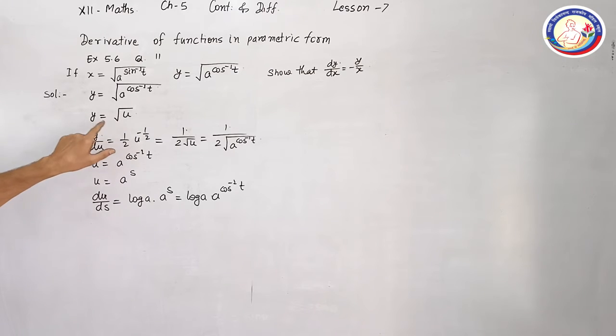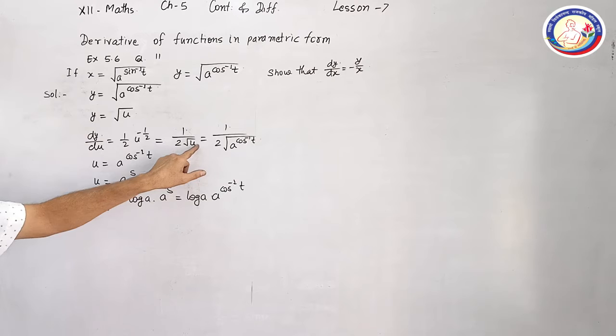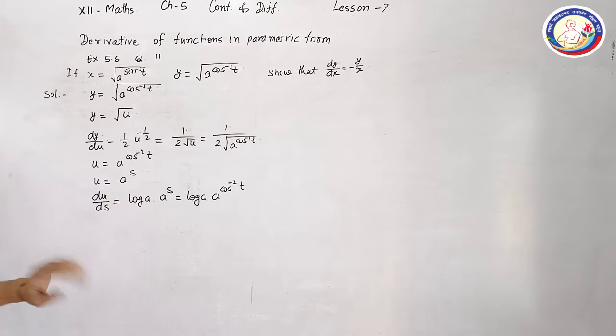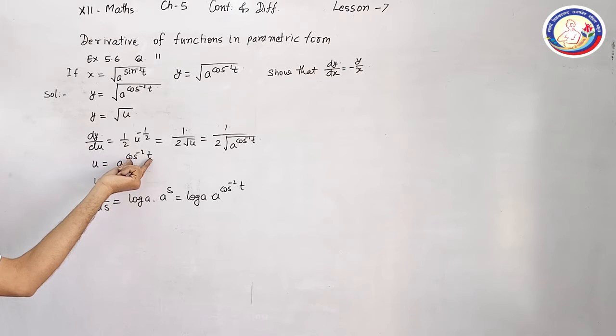Again I am explaining. First I have taken y equal to square root of u, where u is a raised to power cos inverse t. So differentiating with respect to u, we get this after substitution of the value of y. Then I have taken u as a raised to power s, where s is cos inverse t.